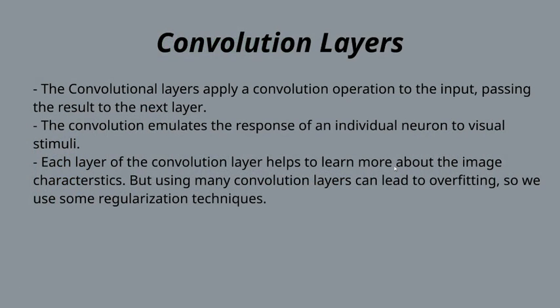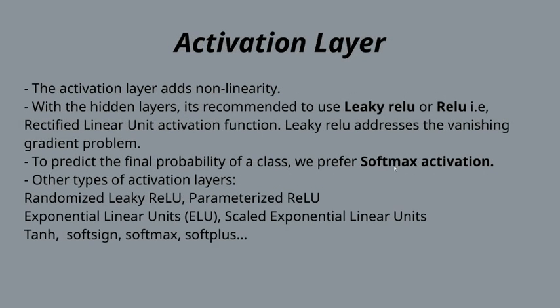But there's a problem: if we use many layers, then problems like vanishing gradient come up. For handling these kinds of problems, we have to use some regularization techniques. As you know, in the linear regression part we use a bias term as a regularization parameter. Similarly, here we use some regularization techniques.